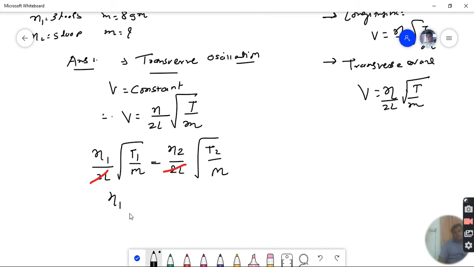Therefore n1 under root T1 upon M equals n2 under root T2 upon M.